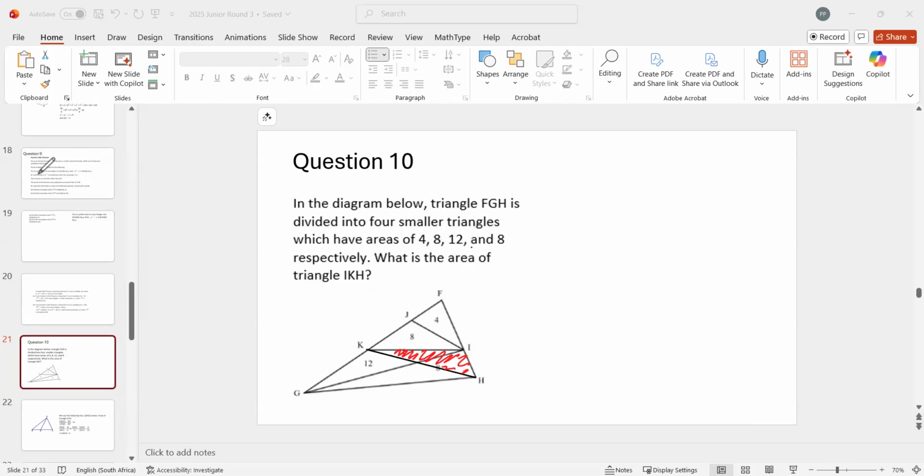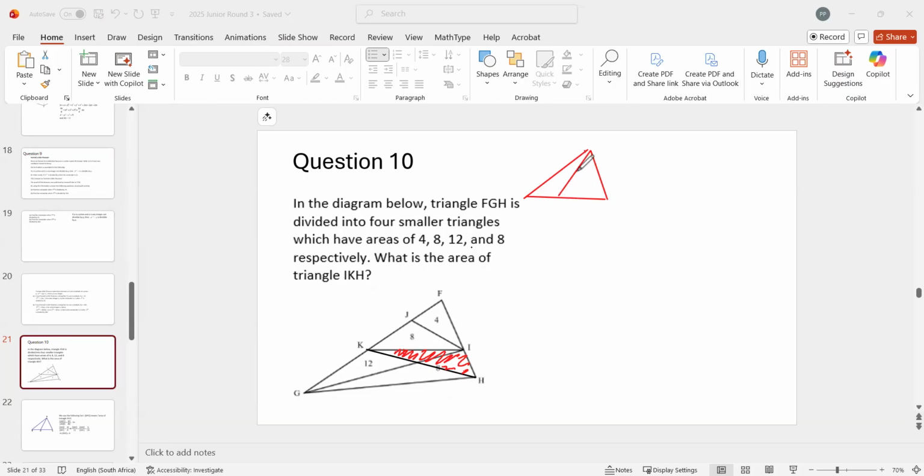Okay. Now, there's an important result that we have to use here. It's a very simple result, but very powerful. And if we use that, we'll be able to get to the answer. And the result of this theorem is the following. If you take a random triangle, and if you draw from the vertex any line, then there are two ratios that are equal.